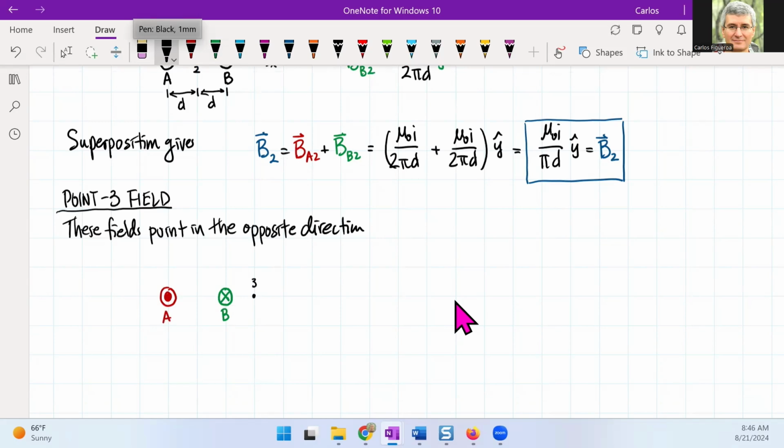But what about the distances? This is the origin right here. We know that the distance from here to here is 2d, and then the distance from here to here is going to be 3d.